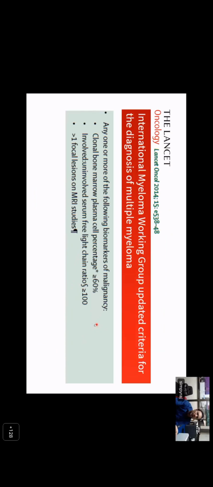And bone lytic lesions, by using either radiology, X-ray, or CT scan or PET scan.